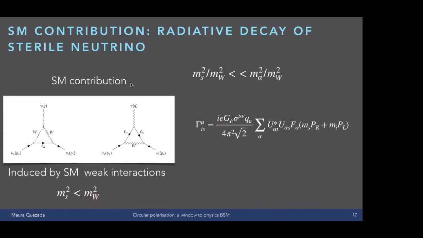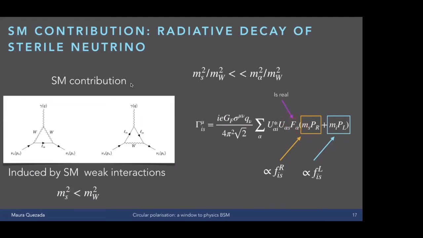So in this scenario, this is the form of the transition form factor, the transition vertex that we have here, where we can identify the right chiral component of the transition vertex and the left component. And in the limit of the sterile mass being smaller than the W boson mass, this is always real.